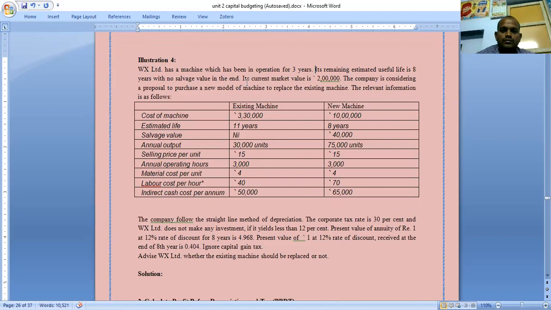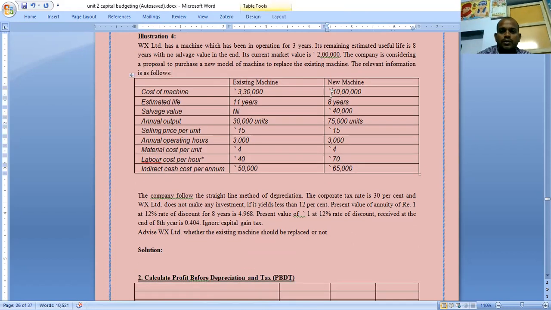No salvage value. Current market value is 2 lakhs. Company is considering proposal to purchase a new model of machine to replace the existing machine. So company wants to take the replacement decision. So which one is better? Whether to continue with the old machine or whether to purchase the new machine.